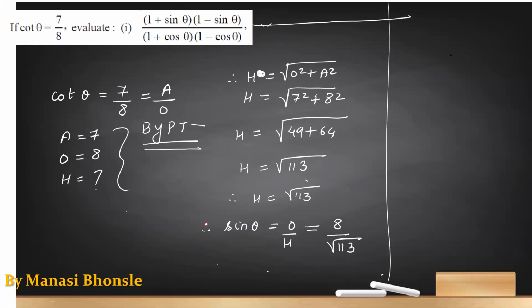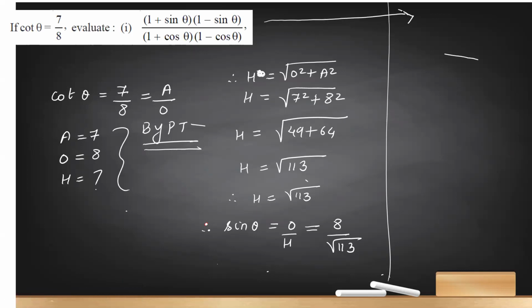So this will be equal to 1 square minus sin square theta. In the same way, we have 1 plus cos theta, 1 minus cos theta, again a plus b, a minus b. So a square minus b square, so 1 square minus cos square theta, right?